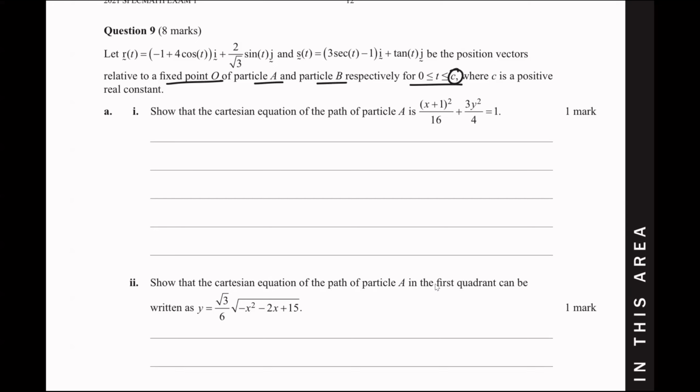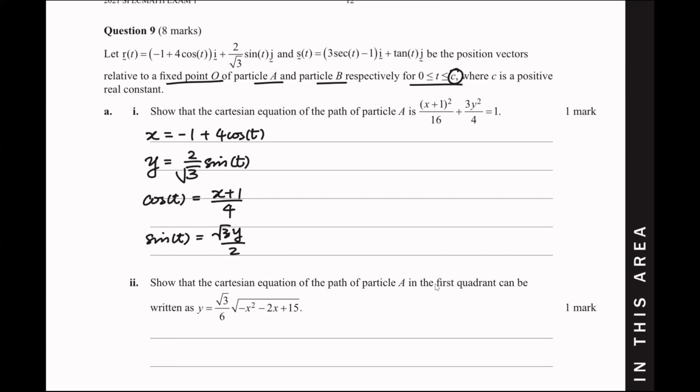Show that the Cartesian equation of the path of particle A is given by this. For particle A, we have x equals -1 plus 4 cosine t, y equals (2 over root 3) sine t. I'm just isolating cosine t and sine t. Cosine t is (x plus 1) divided by 4. Sine t equals root 3 y divided by 2.